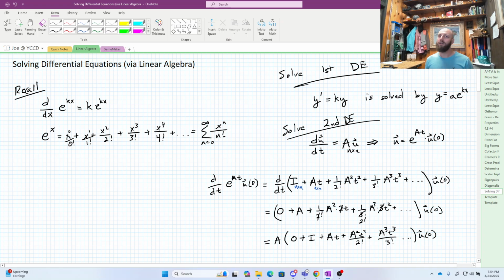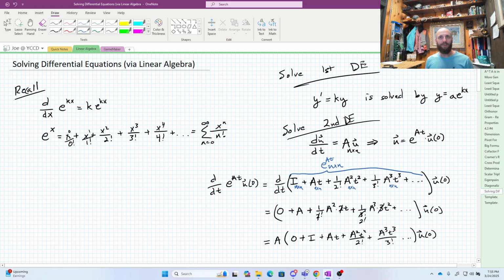This is a scalar, and an n by n matrix in the middle. Again here, scalars on both sides, n by n matrix in the middle. So all told, this thing here is an n by n matrix, right? Like, it's actually e to the At if we're going to call it something. But that's an n by n matrix.